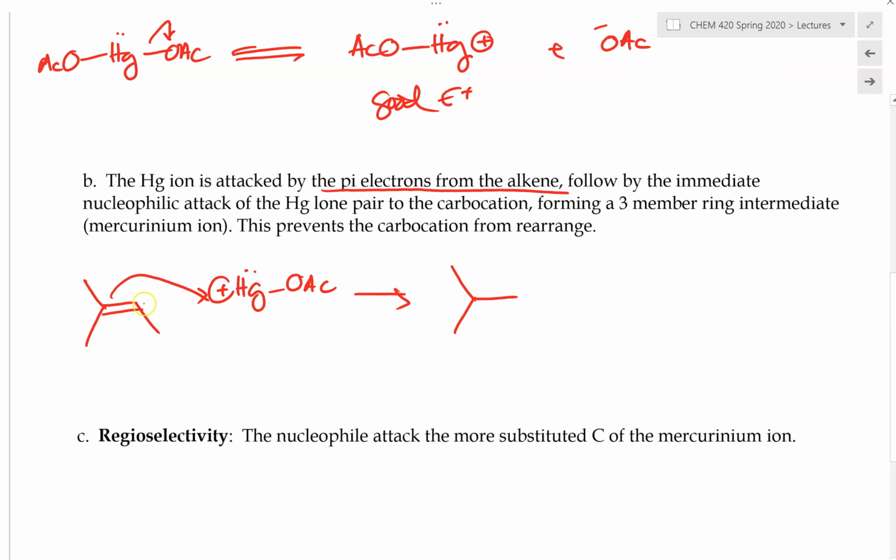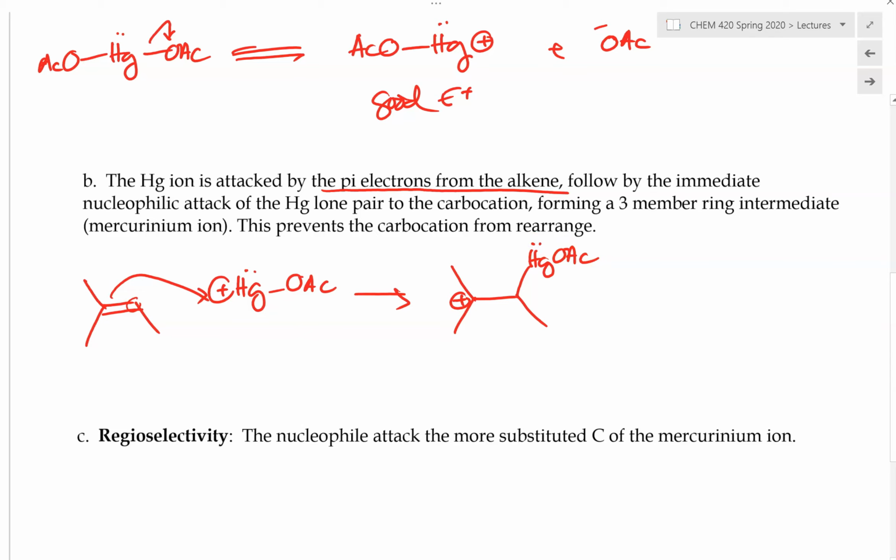In this case, the mercury group will be added to the less substituted carbon, so that way we can produce a more stabilized carbocation. And the mercury will be added right here.